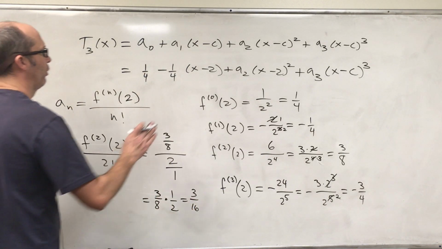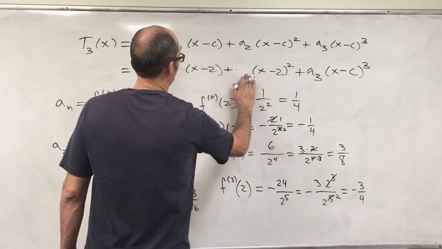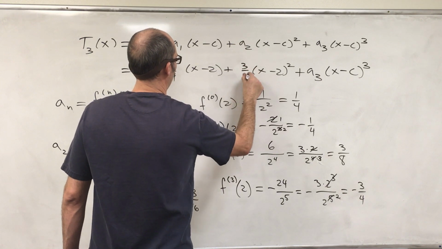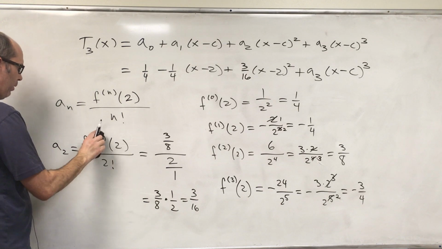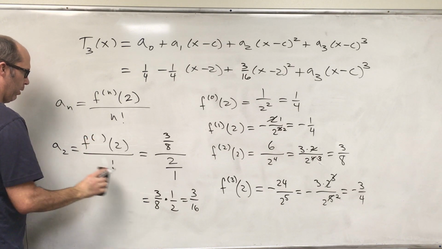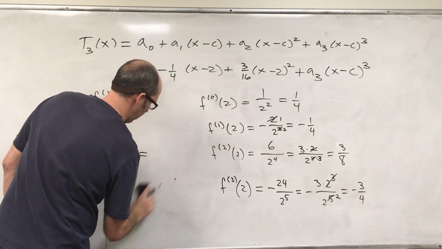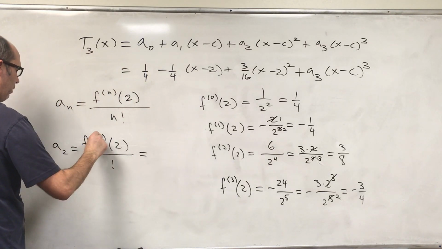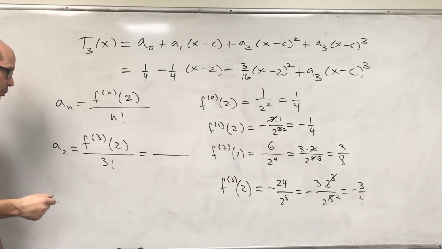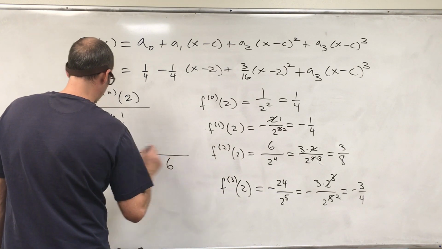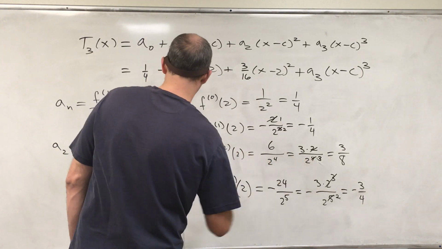So a2 is 3/16. a3: 3 factorial is 3 times 2 times 1, otherwise known as 6. f3 of 2 we found to be negative 3/4.